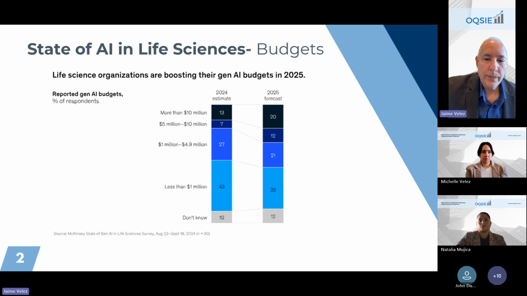So let's run another quick poll to understand where your organization is and where your client organizations are. Please respond to this question: do your clients have budgets set aside in 2025 to explore AI solutions?